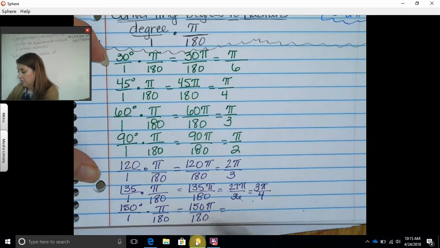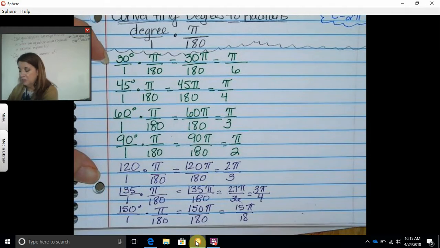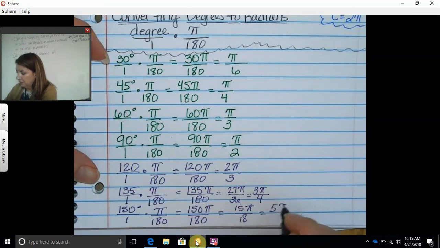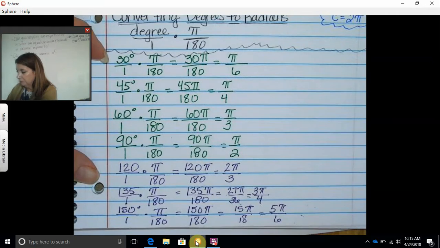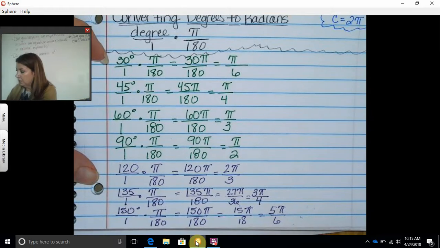So if I just reduce by 10 to start, that would give me 15 pi over 18. But can I reduce further? Yeah, what goes into 15 and 18? 3. 3 goes into 15 5 times. 3 goes into 18 6 times. Can I reduce further than that? No.